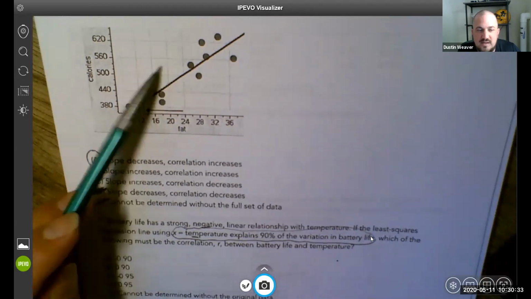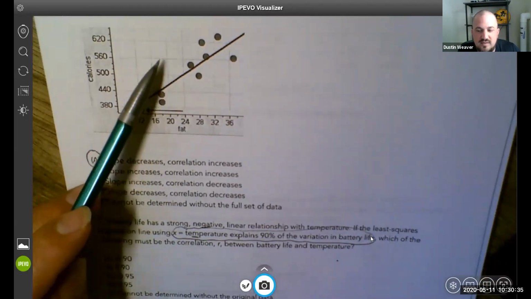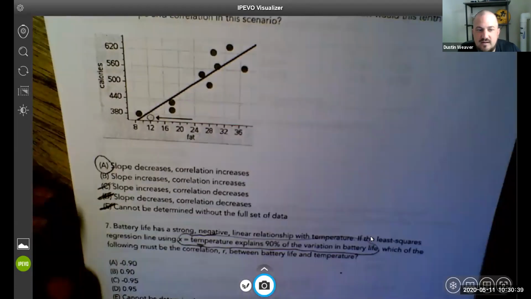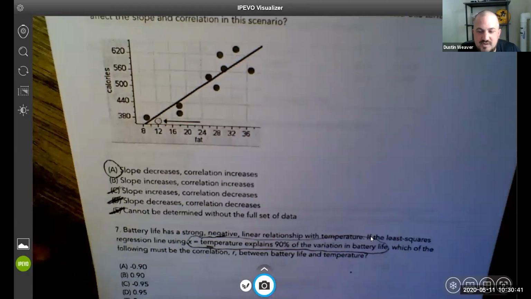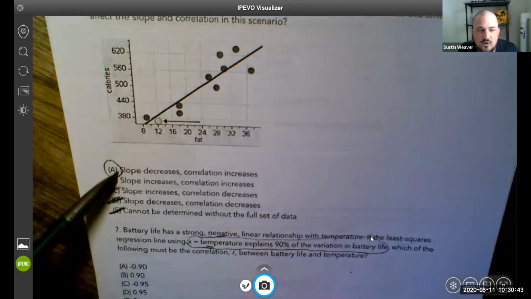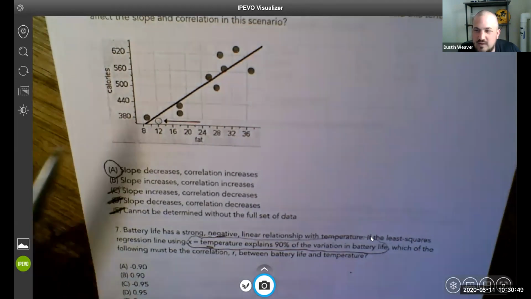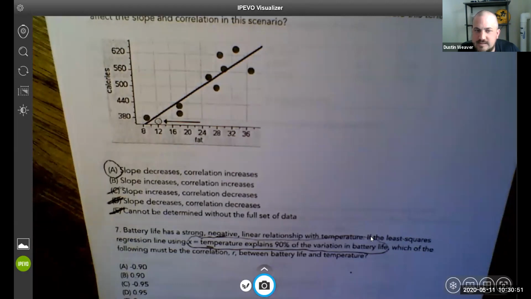And anytime you put points up here, the line is going to go with it. So I disagreed with their answer choice there. I can't see how the slope would increase when you put a point down below the line. It doesn't make sense, in my opinion.